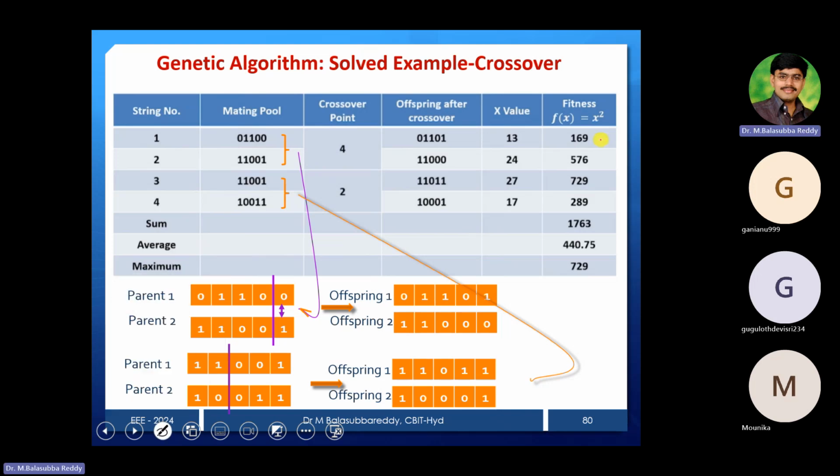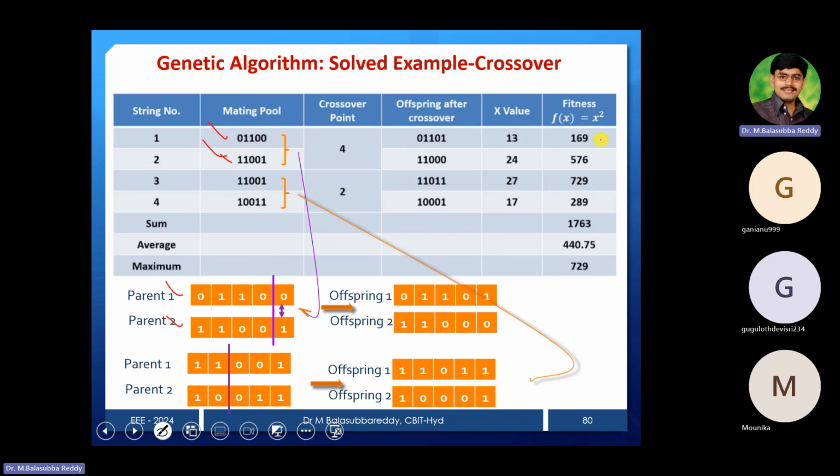So the first two parents I have taken, because the mating pool we have is four. For parent one, 0 1 1 0 0, and for parent two, I will take this one, 1 1 0 0 1.